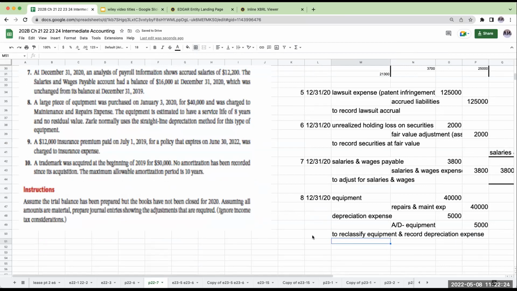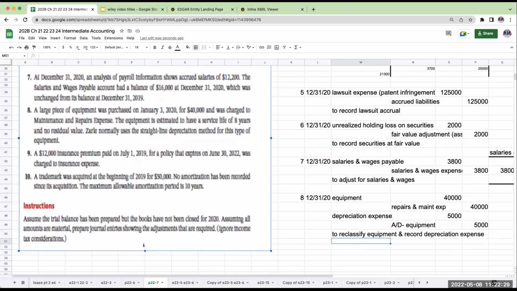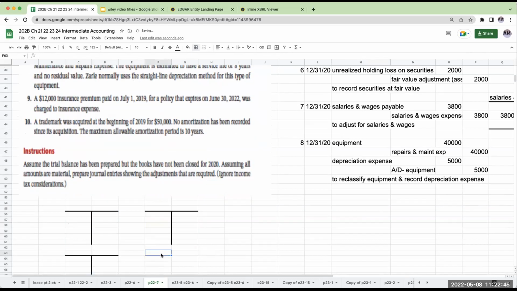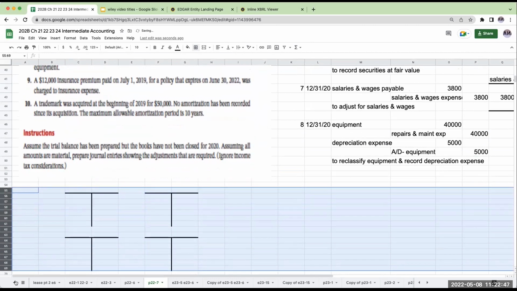Okay, number 9, and this one actually messed me up when I was going through and doing it. So we're going to take a little bit of time to make sure that we're getting this right. So right over here, when I have the insurance expense. Give ourselves some room.